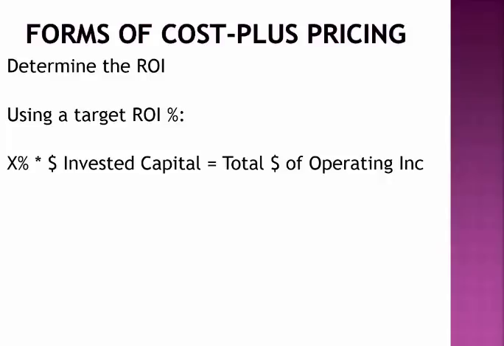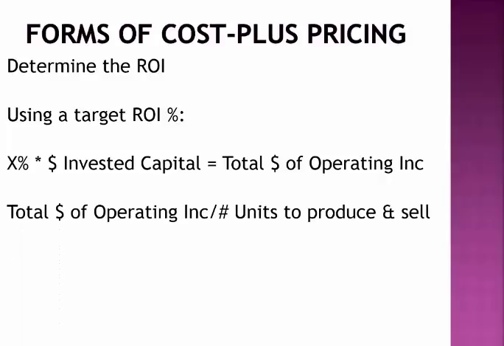They're going to be calculating this stuff too and double checking that their investments are performing as expected or as wanted. So we can take that percentage ROI and multiply it times the defined invested capital. So whatever that amounts to, that gives us the total dollars of operating income that we are needing to generate.